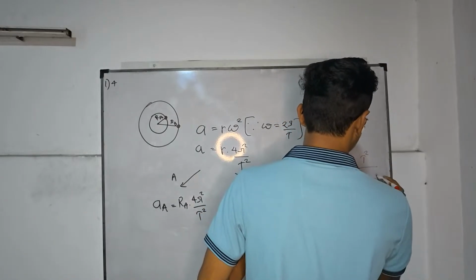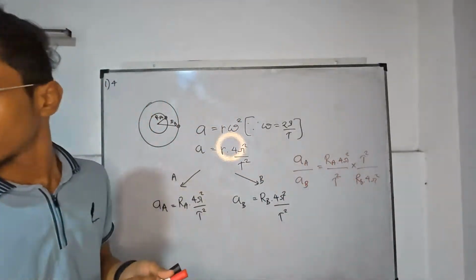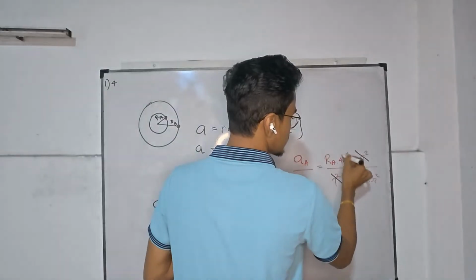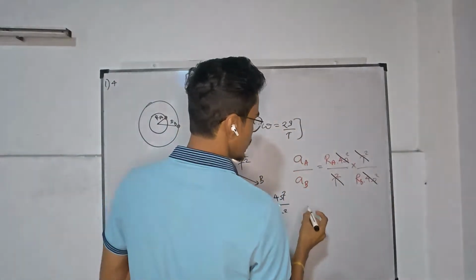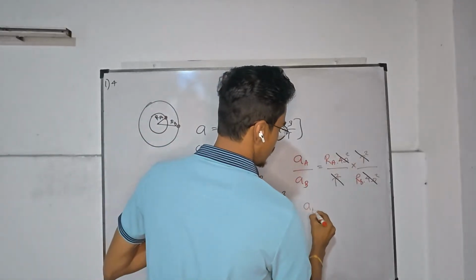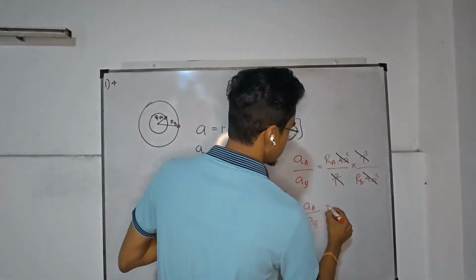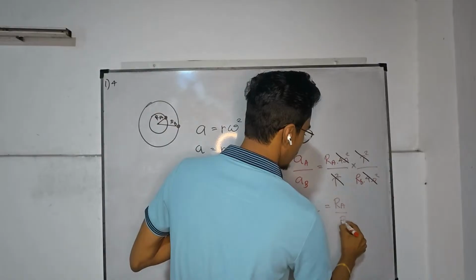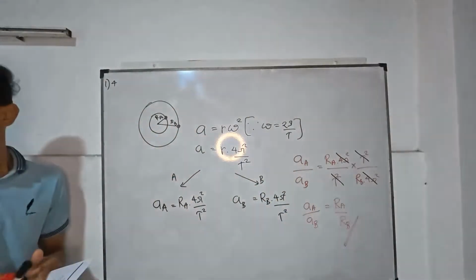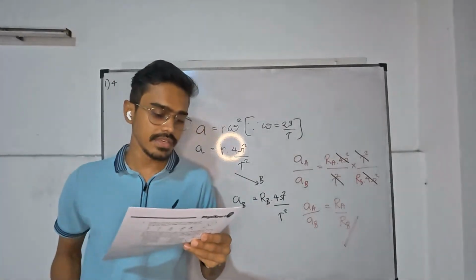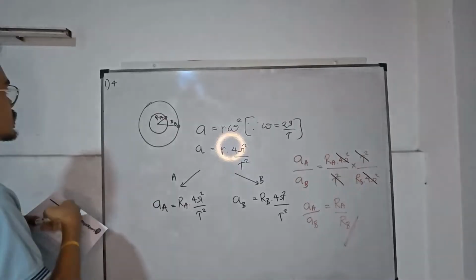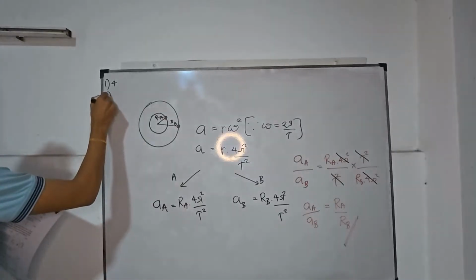So RB 4 pi squared over T squared. T squared cancels T squared, and 4 pi squared cancels 4 pi squared. So the final answer equals RA over RB, which means the ratio of accelerations is RA over RB. The answer is option 1, RA over RB.